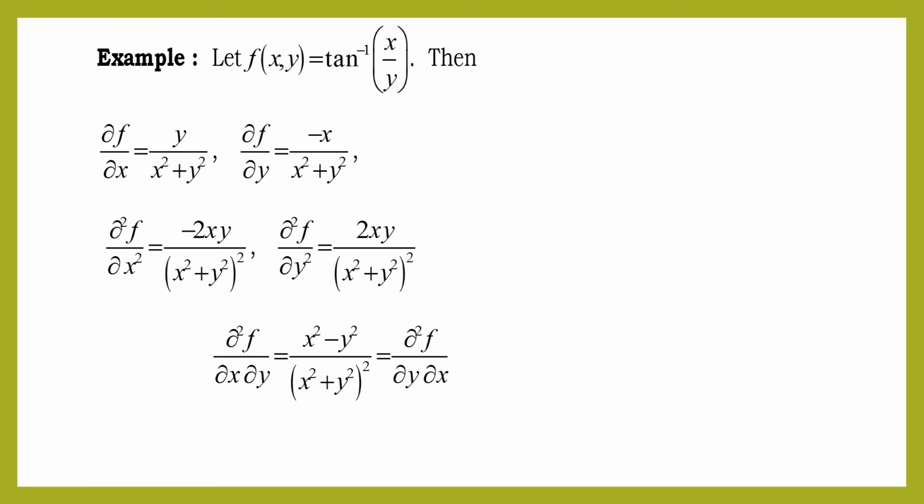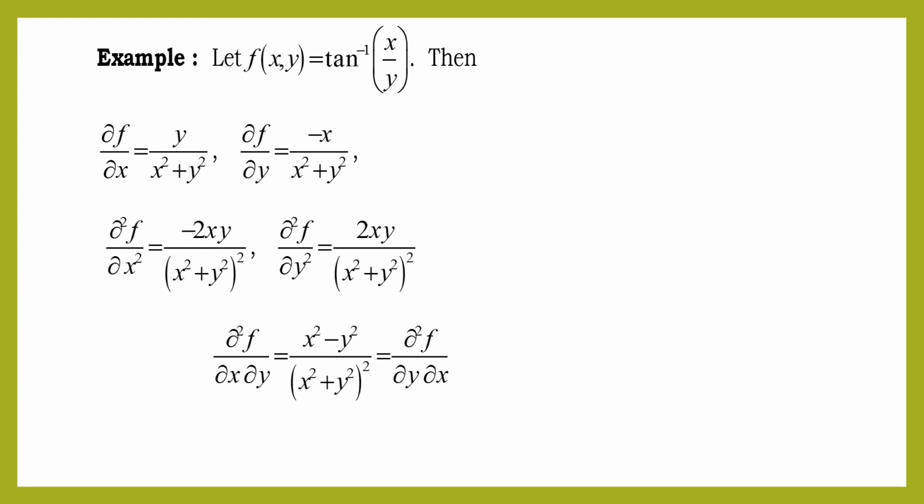First, if we evaluate dou f by dou x by treating y as a constant and if we allow x to vary, then we get the answer y by x square plus y square.